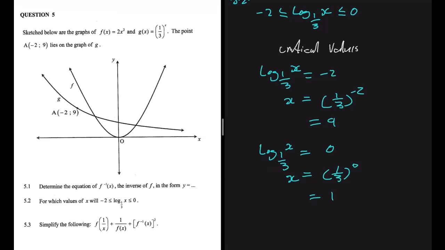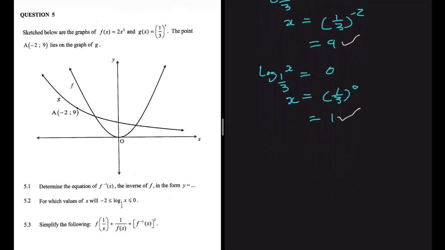So we have x is equal to 9 and x is equal to 1. So from here on, we have two possible answers, right? One of our possible answers is x being greater than 9 or x being less than 1, right? That's one of our possible options.